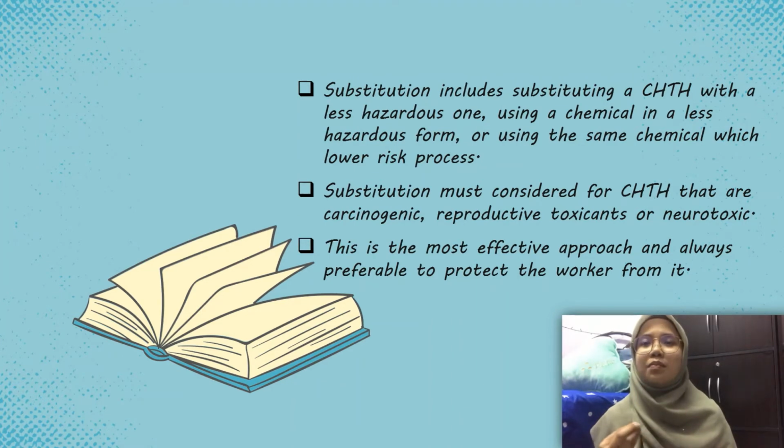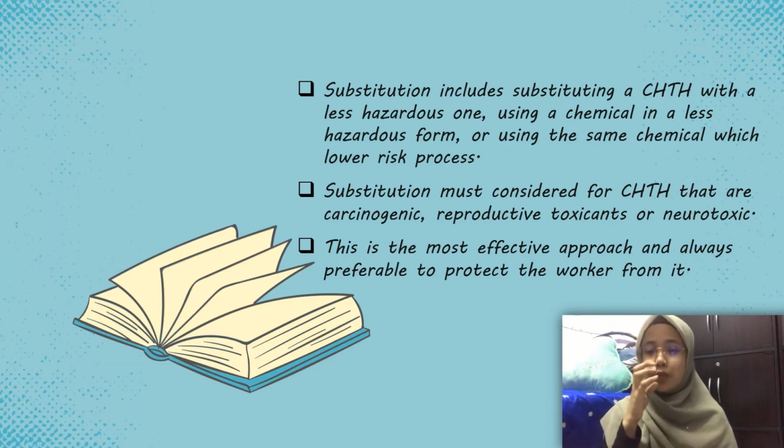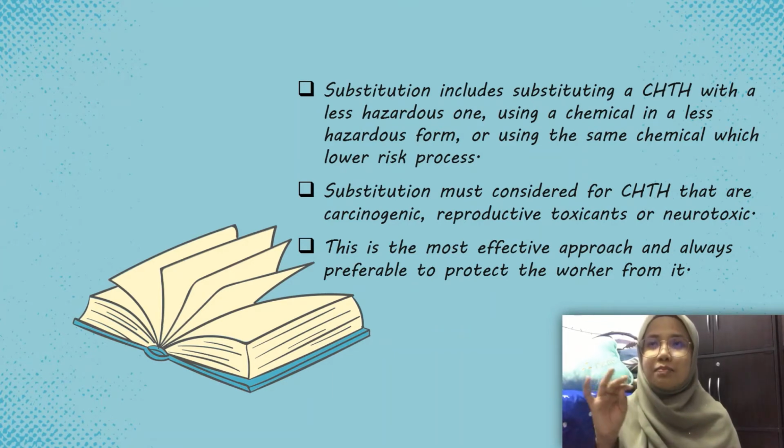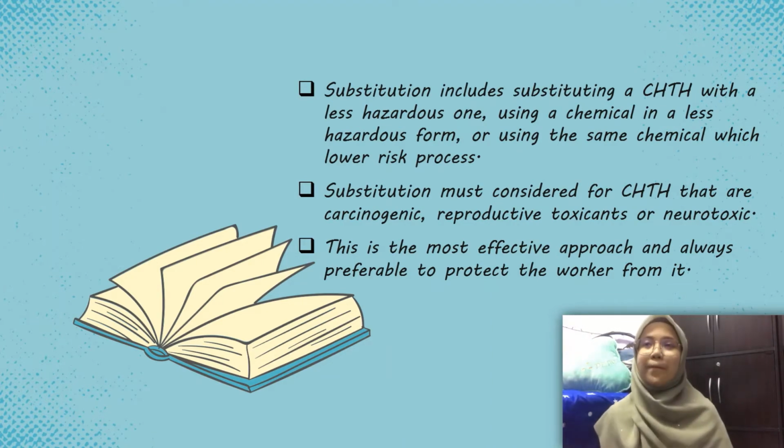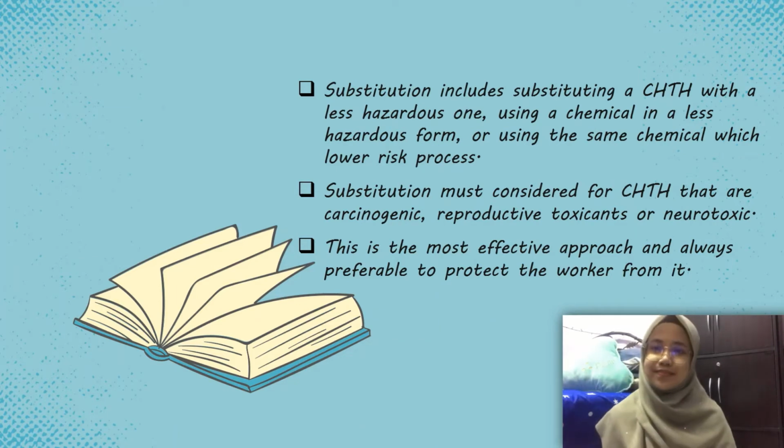This is the most effective approach and always preferable to protect the worker. So what it means is that substitution is the most effective approach, always preferable to protect workers from any hazard.